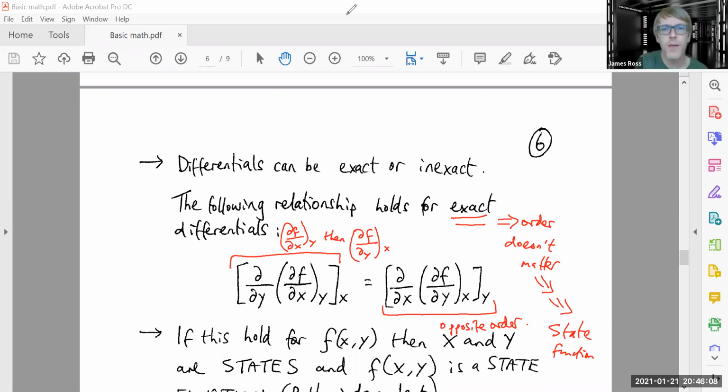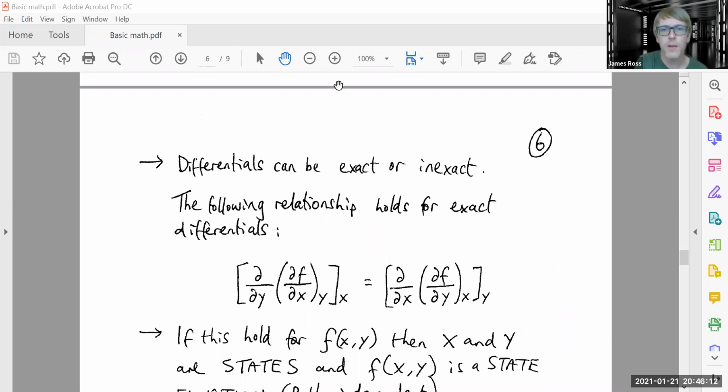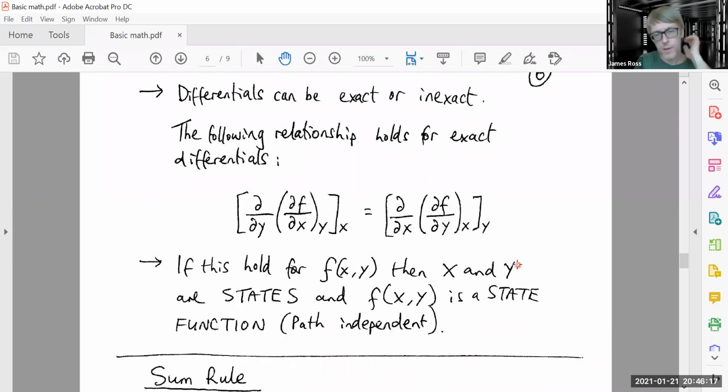So I thought I fleshed this out with an example, but it looks like I don't, because I chose to keep my notes shorter. Maybe I'll add a second video at some time where I give you an example of an exact differential and an inexact one.